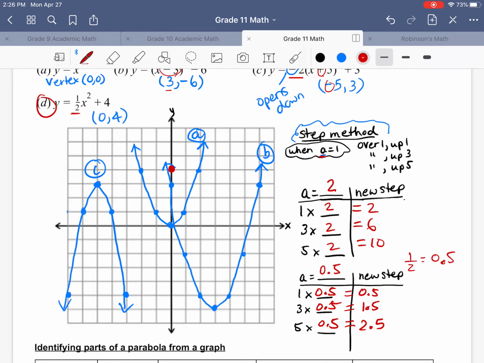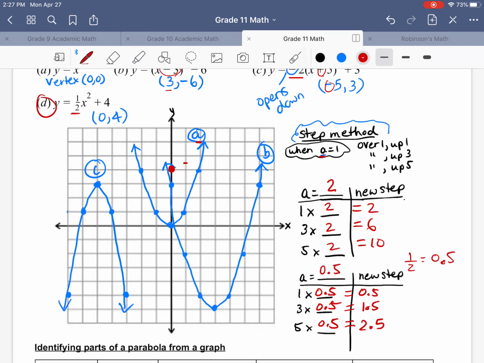So we go back to our vertex here at 0 and 4, and we're going to go over 1 and then up 1/2. I'm going to put a little line instead of a point just for spacing. Now after this half, we go over 1 again, and then we go up 1.5, and we put another point there.